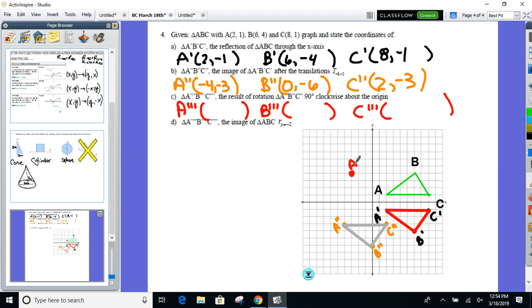Look at your graph too. Is A double prime moving clockwise?